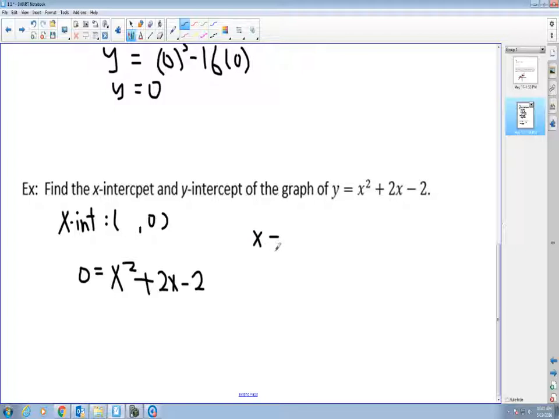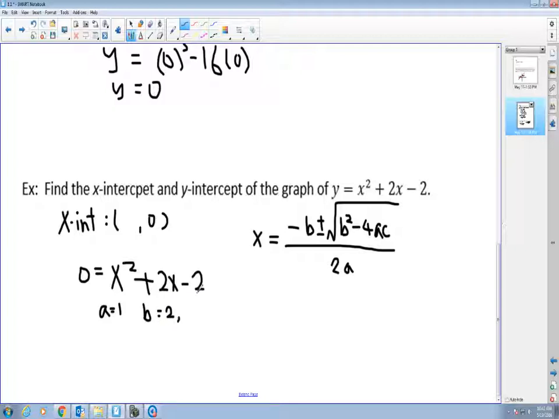As you can recall, the quadratic formula says x equals negative b plus or minus the square root of b squared minus 4ac, the whole thing divided by 2a. All right, so my leading coefficient a is 1. My second term b is 2. My c will be negative 2.